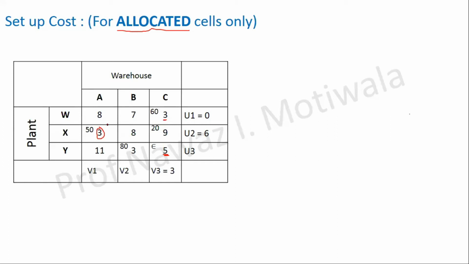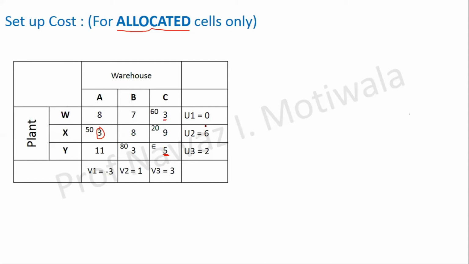U2 plus V1 should give me 3, out of which U2 is already 6. So V1 equals minus 3. Similarly, I will find all the other values of V. On solving this, I will get the answers for V1 and V2 as minus 3 and 1.